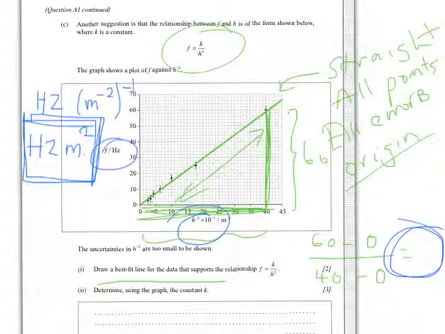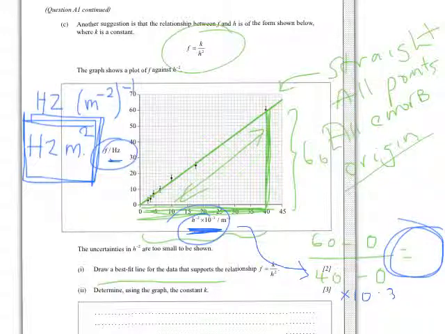Now the last thing you must do when you work out the gradient is to check that you haven't forgotten any other sections. And if we see frequency here has no other information, but here, shock horror, we've got 10 to the minus 3. So your value here of 40 was actually 40 times 10 to the minus 3.